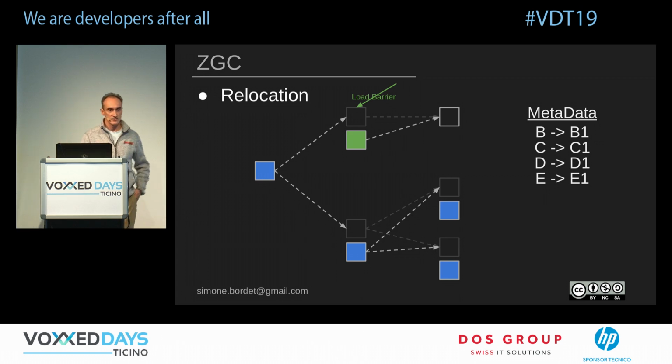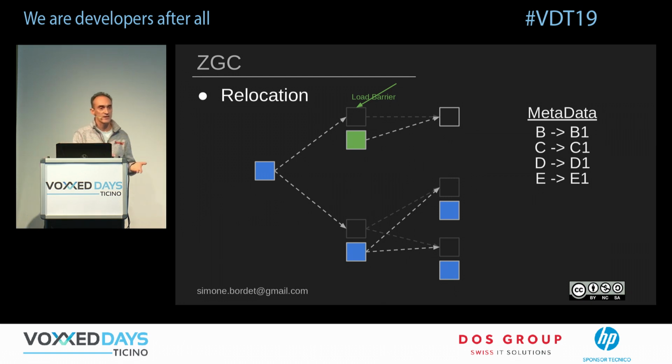So the application sees the load barrier and asks, is the color of this pointer the right color? The pointer hasn't been touched yet, so let's say it has one color, but the garbage collector has, as its main color, a different one. And so the colors of the pointer and of the state of the garbage collector do not match.